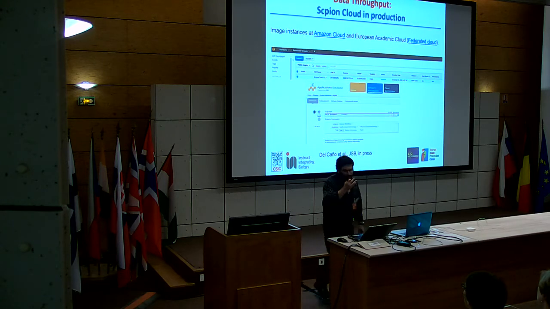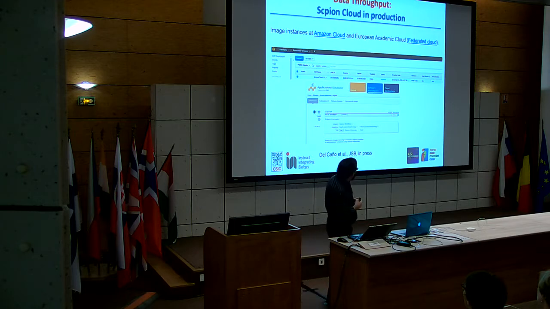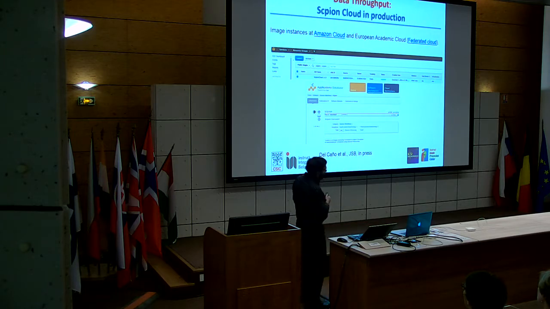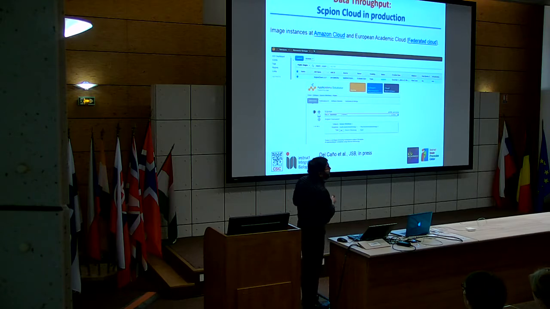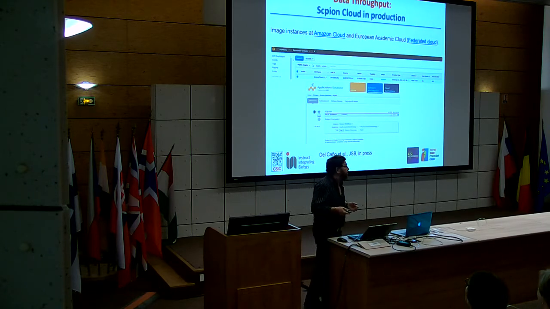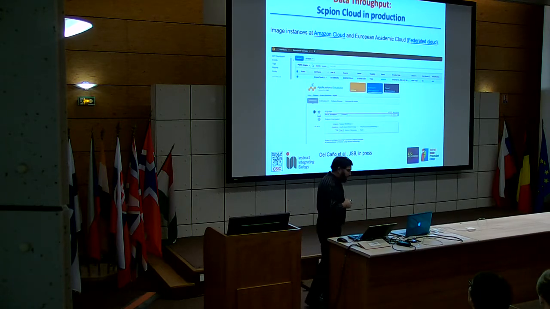Another view of data throughput. Well, you've seen that we have a number of software suites, that the electron microscopy software may be different from the X-ray software you are used to. What if you could forget about installing any software? Well, that's what you can do now with cloud virtualization. And this is what we do now with the Amazon cloud and with the European academic cloud, the EGI.